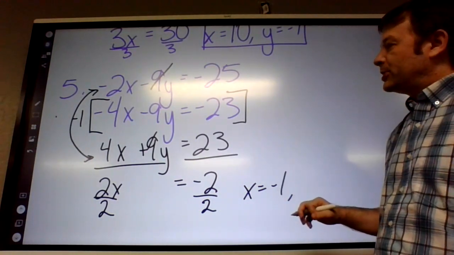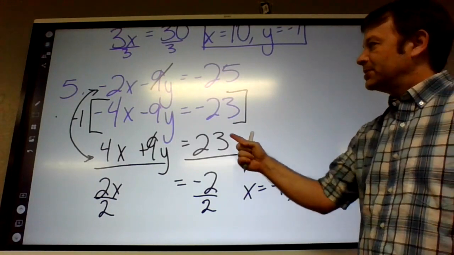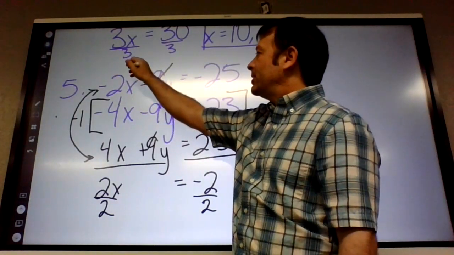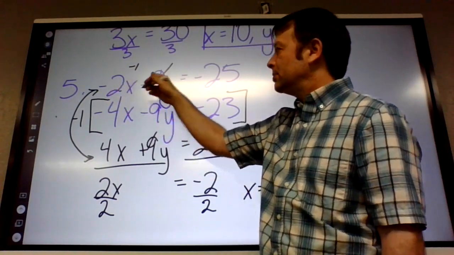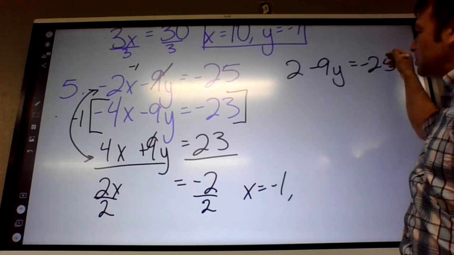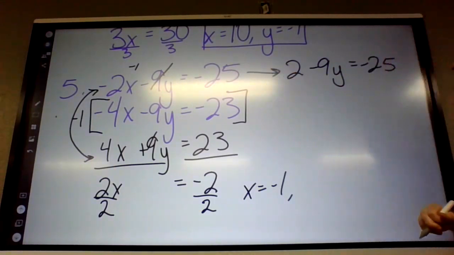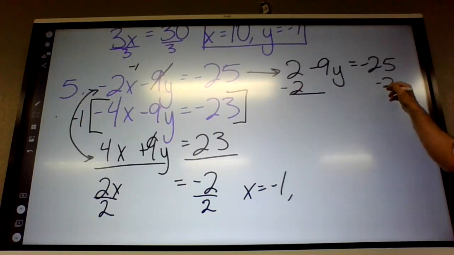And let's see, where should we plug that? You just gotta choose where to plug it in. I try to find the one that looks easiest, maybe the top one. If I plug negative 1 right there, negative 1 times negative 2 is 2. So it'd be 2 minus 9y, and then we could do a little bit of algebra there.